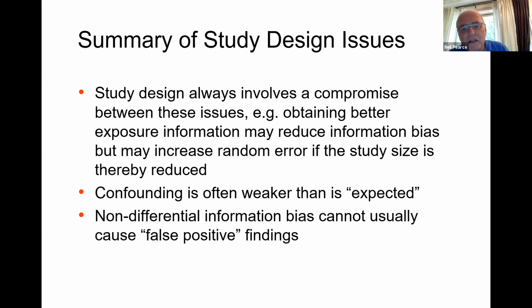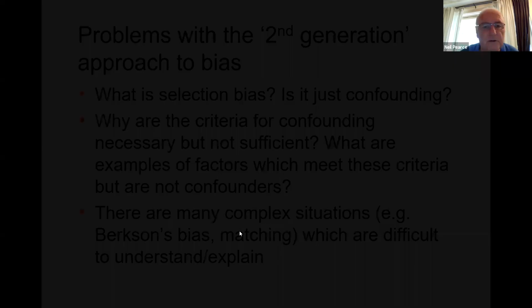But in fact, occupational exposures, particularly when we're comparing with other blue collar workers, usually this confounding is fairly weak, because it's essentially random depending on whether someone starts work, or if they're allocated to one section of the factory or another section of the factory. And also, non-differential information bias cannot usually cause false positive findings.